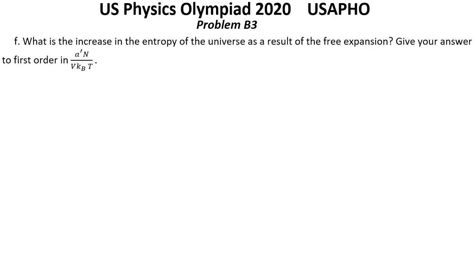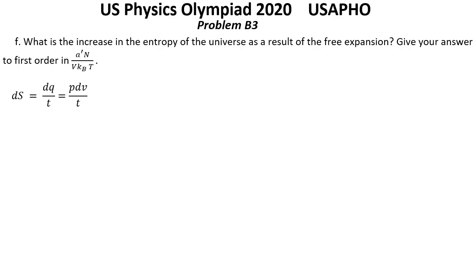Consider a constant energy reversible expansion of this gas. For this process, the work done by the gas is equal to the heat the gas takes in. Therefore, the change of entropy dS equals dQ over T, or equal to P dV over T, where we use lowercase letters to denote the quantities during the reversible expansion.